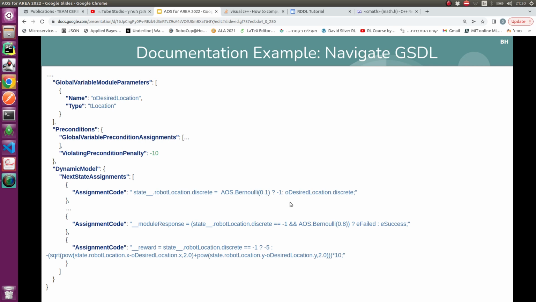We are sampling from a Bernoulli distribution. Otherwise, it reaches its destination. And here we describe the observation model, which is noisy, and this is how it is described. And you can also describe the cost using the reward keyword. You can describe the cost of activating the skill.